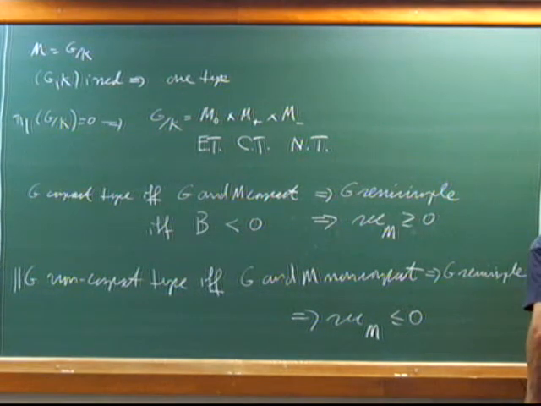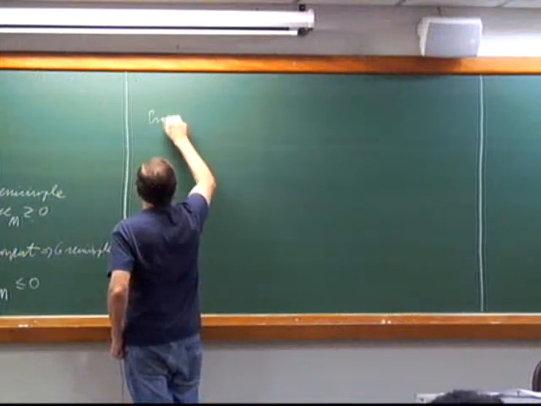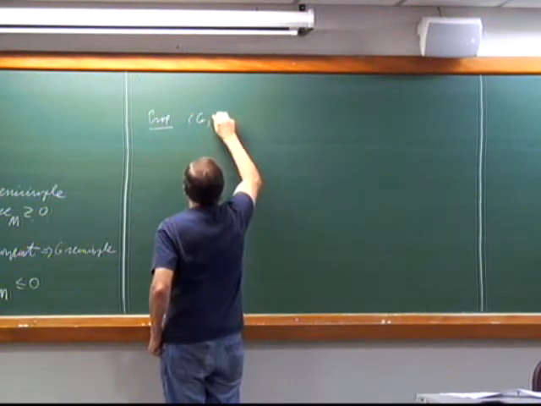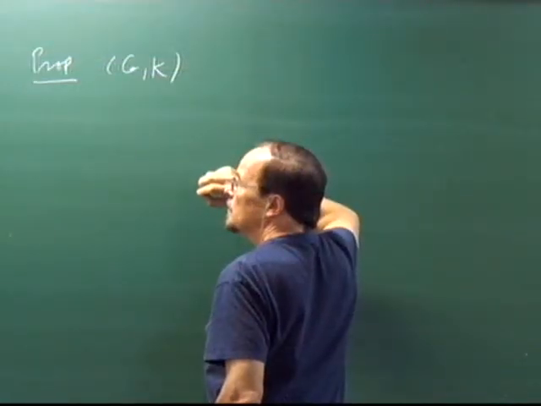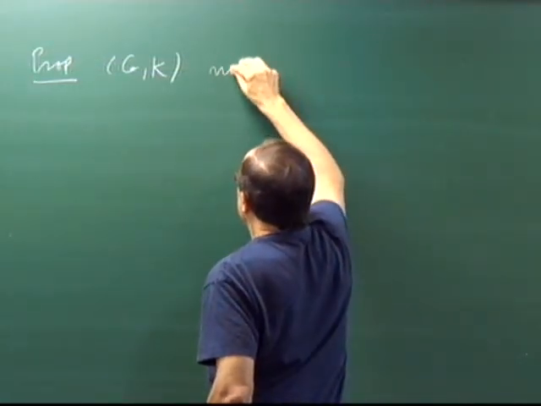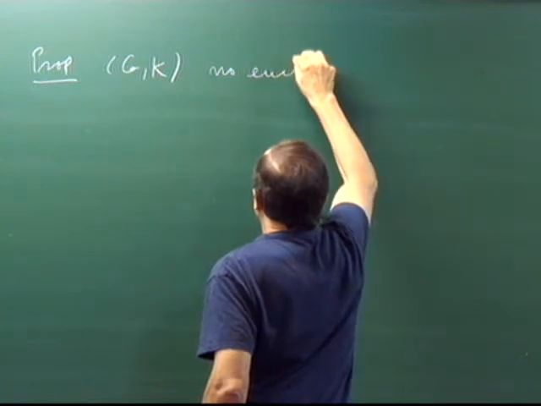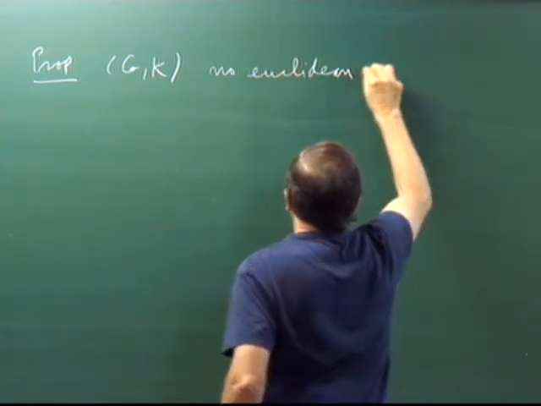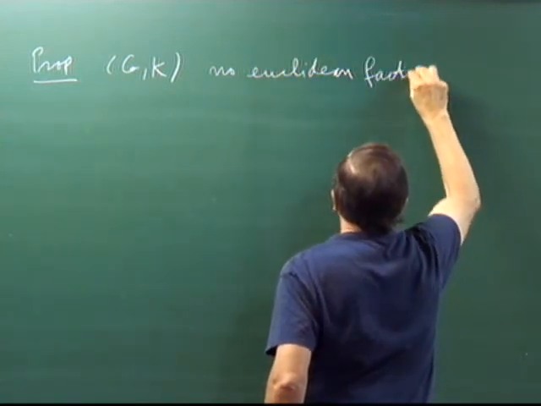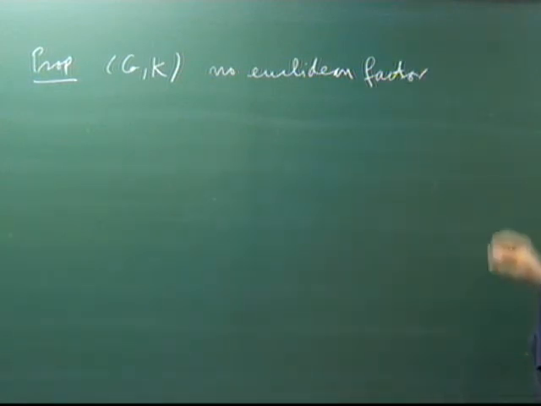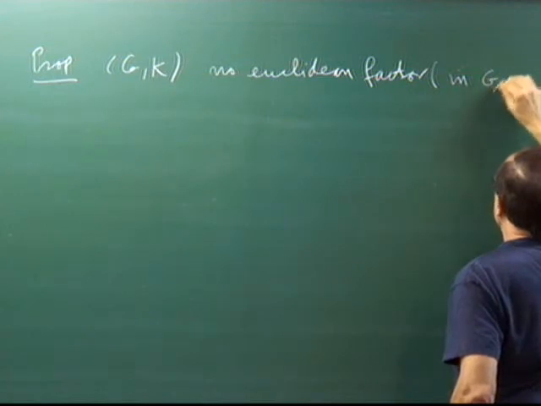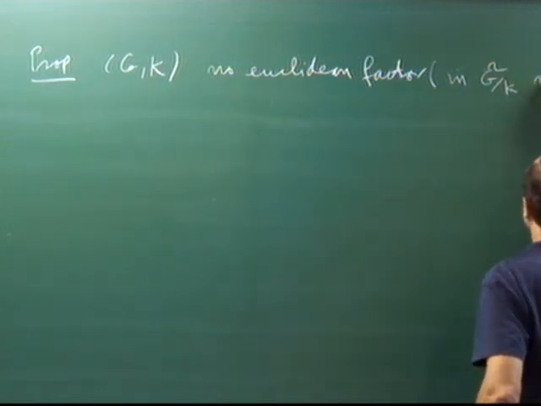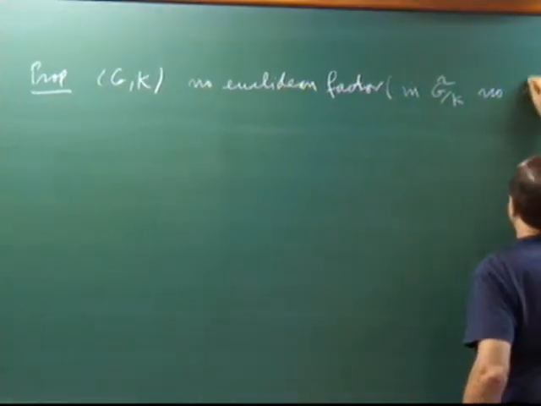So another proposition first. G mod K, I think we call it no Euclidean factor, which means in the universal cover of G mod K, there's no flat factor.